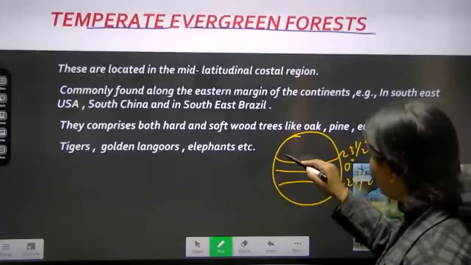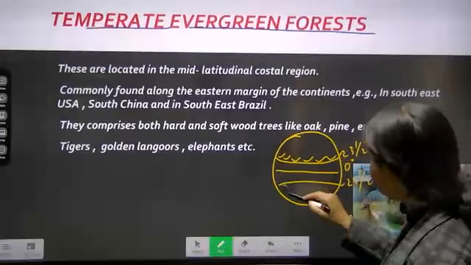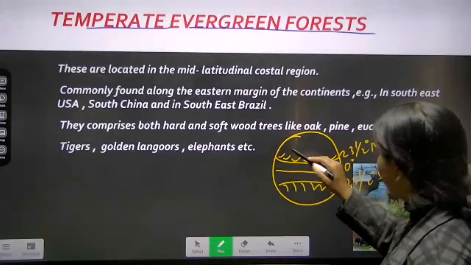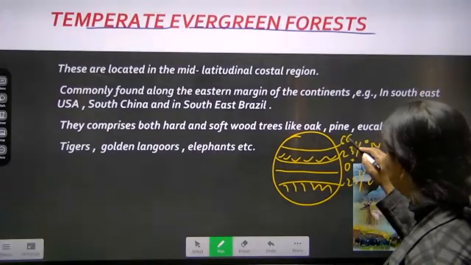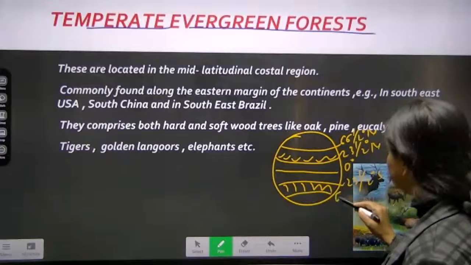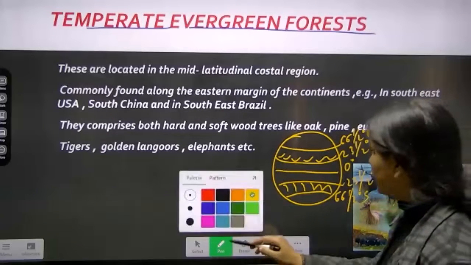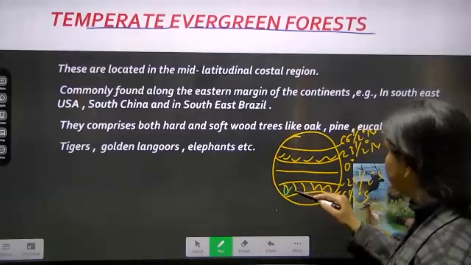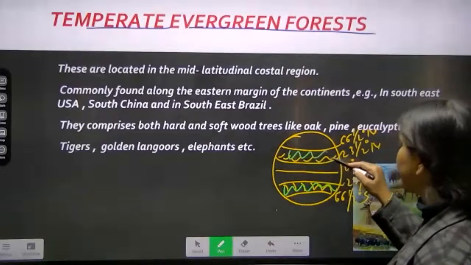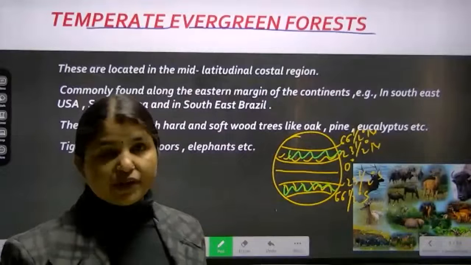Now the area beyond the tropics, up to the Arctic Circle, here 66.5 degree north, and here the Antarctic Circle 66.5 degrees south. This area is known as the temperate zone.